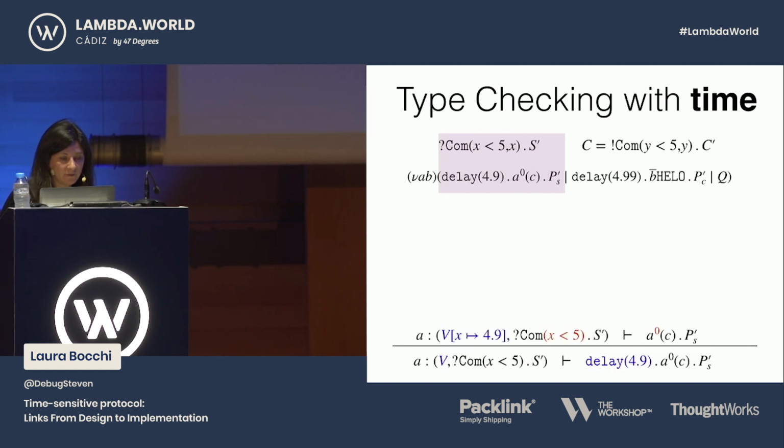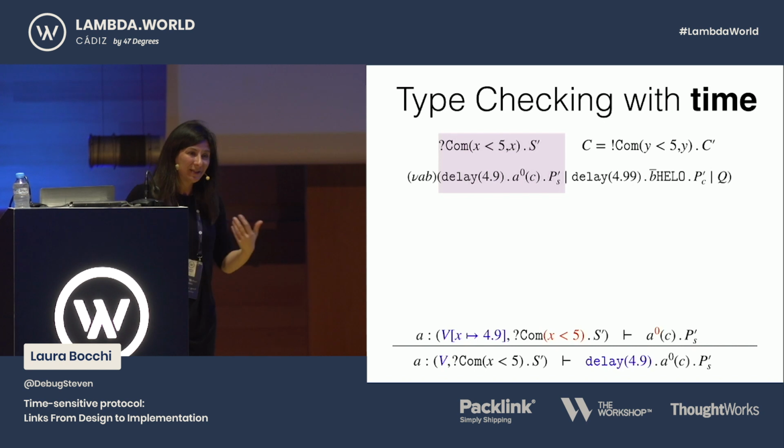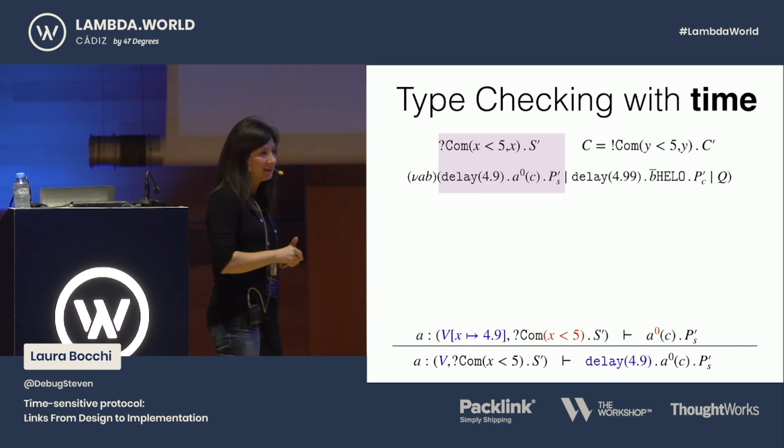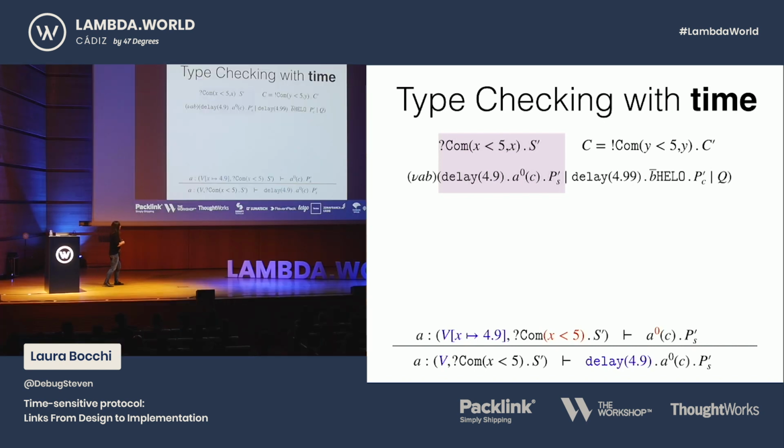I'd like to go a bit faster here. When you want to check also time constraints, you need to extend the typing system as we have seen it. And the extension includes this V that you see. On the left-hand side, you have an environment. You have a session A. And then the session not only includes the session type, but also a virtual clock.